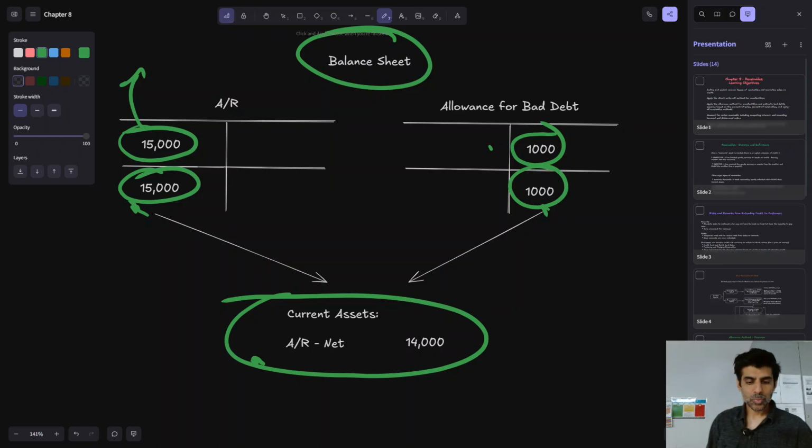Do you start the allowance for bad debt at the beginning of the year, or does it roll forward? This is a permanent account. The accounts receivable constantly changes, right? Correct.